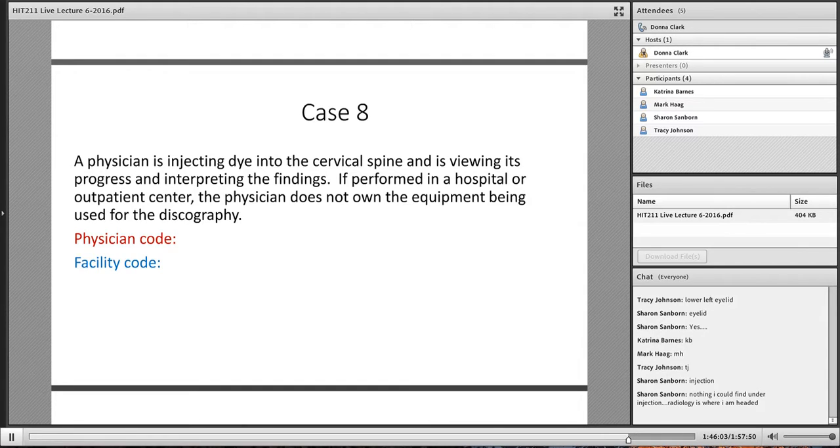I'm going to where you at. I do see injection, spinal cord.